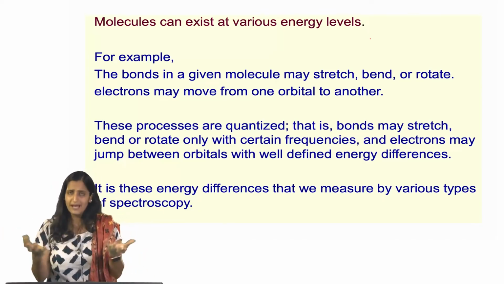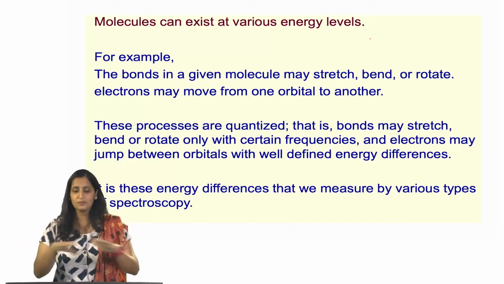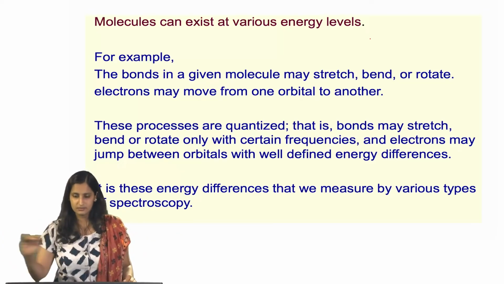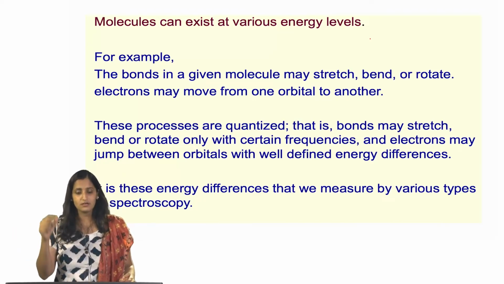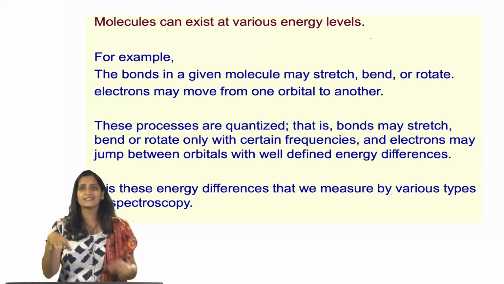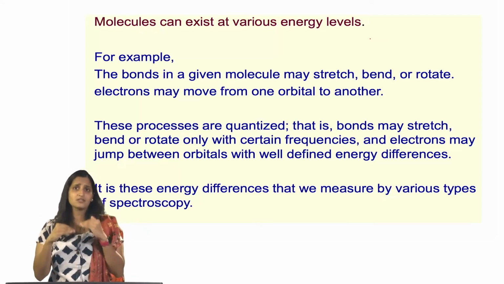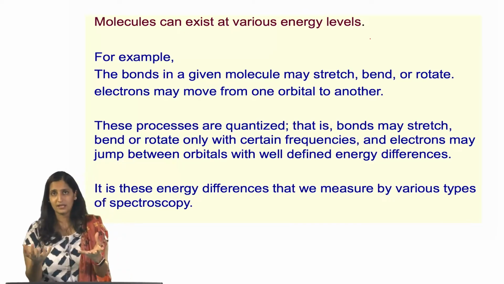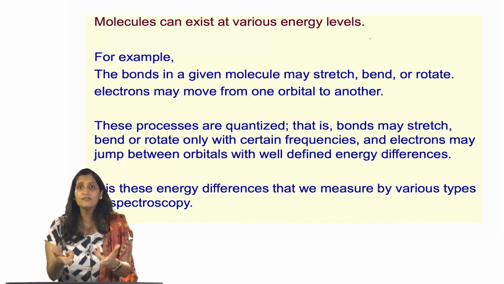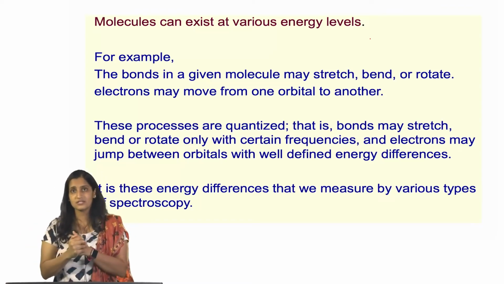Imagine that at room temperature all the molecules are going to be at the lowest possible energy, but these bonds in that molecule, they can stretch, they can bend, they can rotate, electrons can jump from one orbital to another. All of these are transitions that can happen, and depending on the amount of energy given to that particular molecule, that's also going to determine the transition.